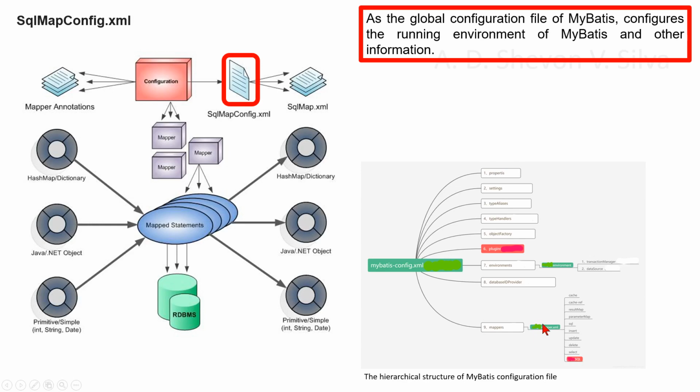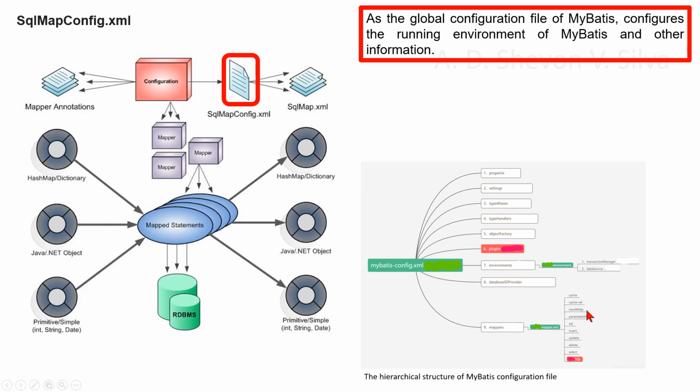Here you can see a sample mapper.xml. Mapper XML files have only a few first class elements. Cache: configuration of the cache for a given namespace. Cache-ref: reference to a cache configuration from another namespace.